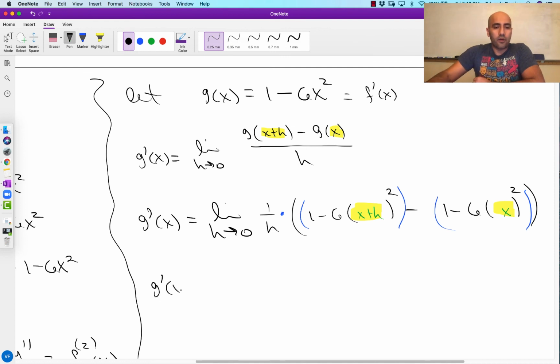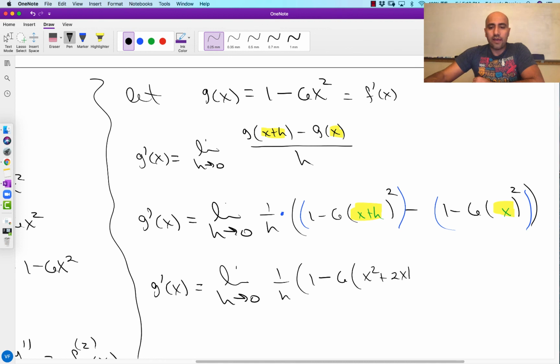Following along with our process, we get that this is the limit as h goes to 0 of 1 over h. And then if we FOIL that out, we end up with 1 minus 6 parentheses x squared plus 2xh plus h squared, close parentheses, minus, and now this is just going to be 1 minus 6x squared.